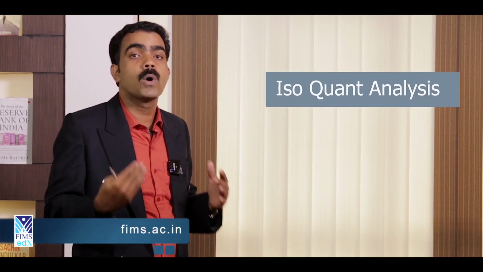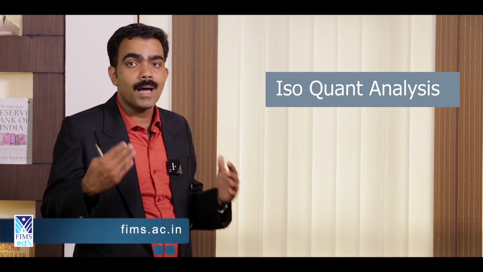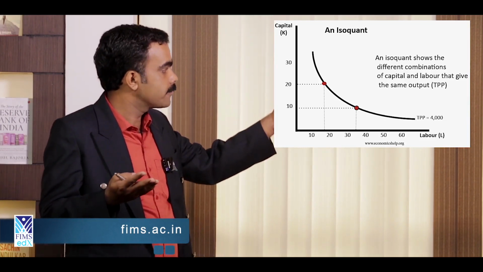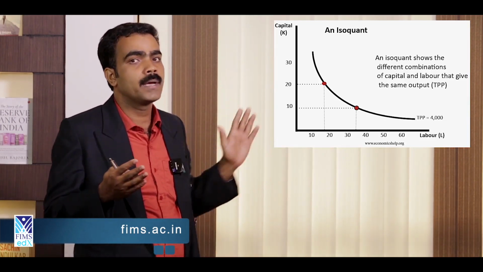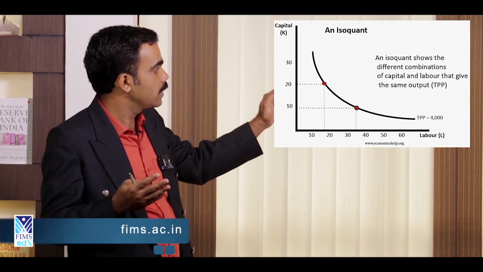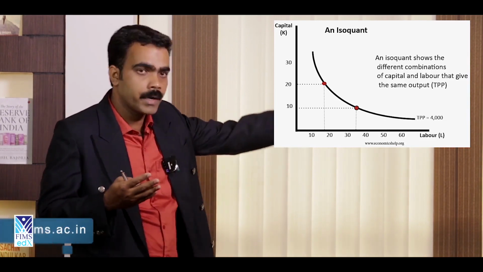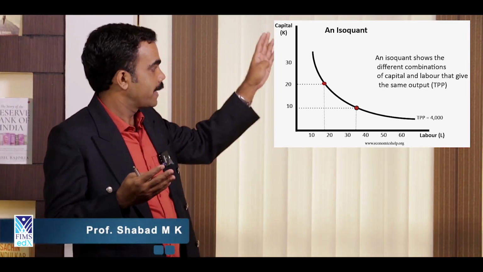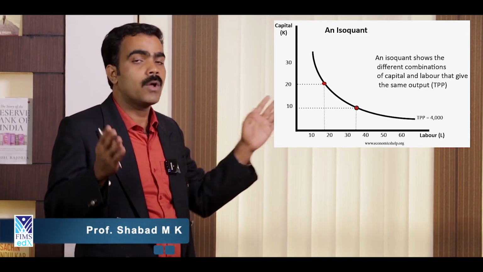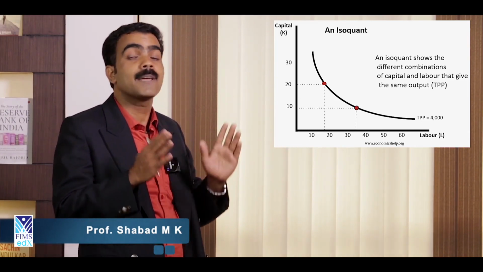The long run production function can be estimated through the technique of isoquant analysis. The term isoquant means equal quantity. So isoquant stands for equal quantity of a product, where we are producing an output of 100 units by using capital as well as labor, because in the long run these two factors are subject to change.